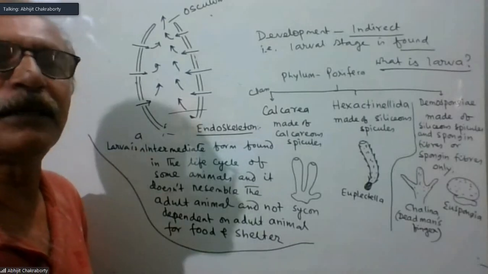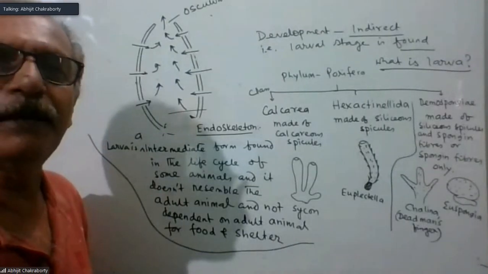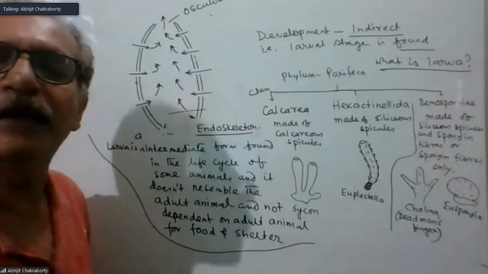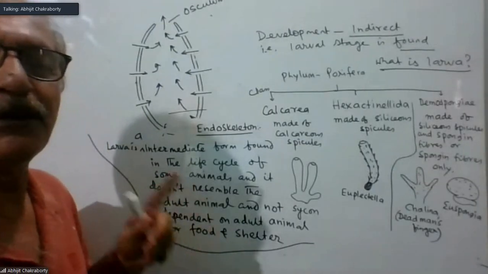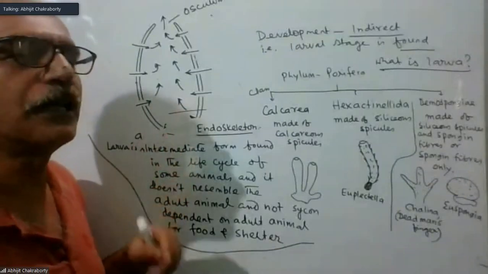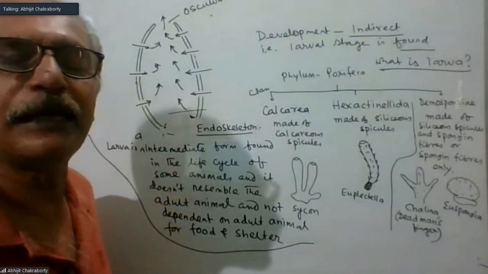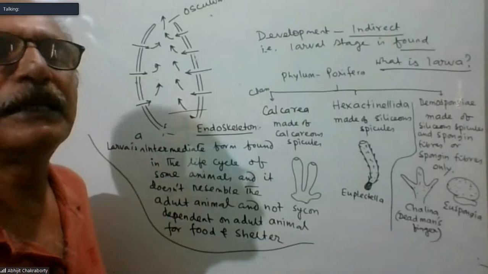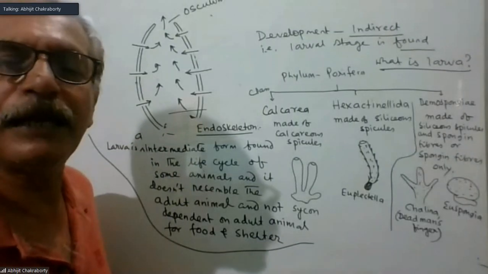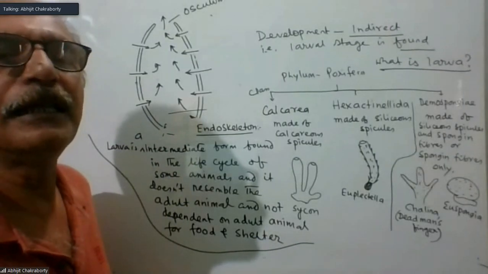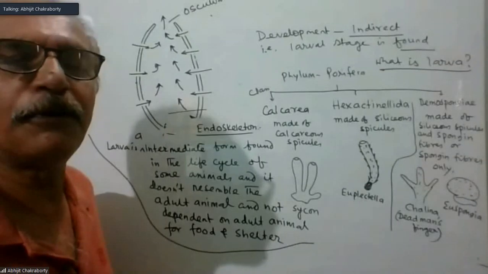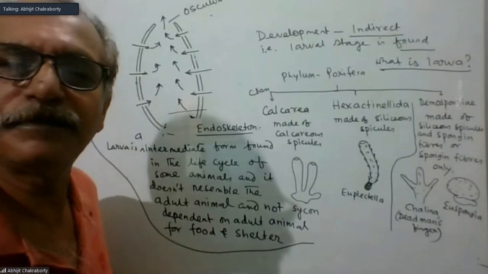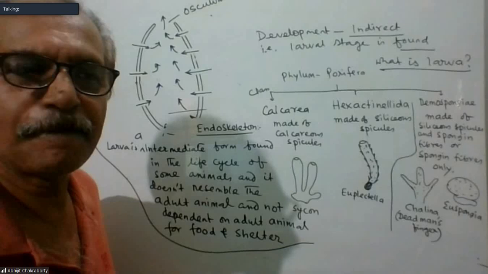They do not resemble the butterflies. Even butterflies do not come to feed them. So remember, in order to be a larva, three conditions are required. One, it is an intermediate form. Secondly, it doesn't resemble its parents. Thirdly, it is not dependent on parents for food and shelter. Clear? Yes, sir.